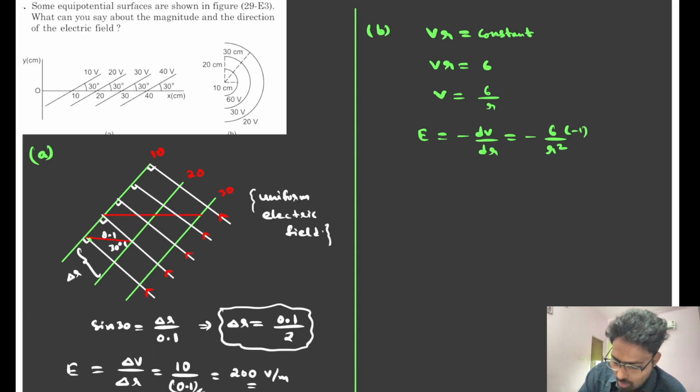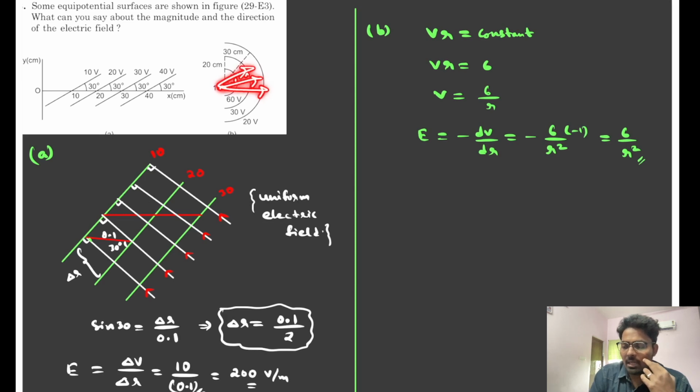Anytime you get confused with the sign, just take the magnitude. Never get confused with the sign. Always take the positive value, and understand that field always goes from higher potential to lower potential. So here, from higher to lower, the field lines will go like this.